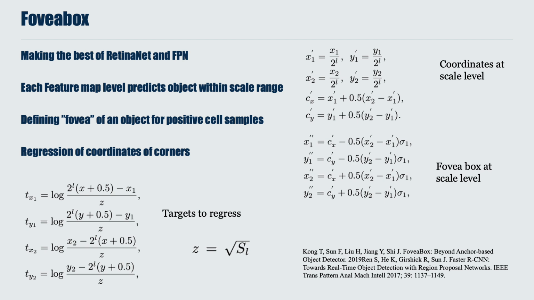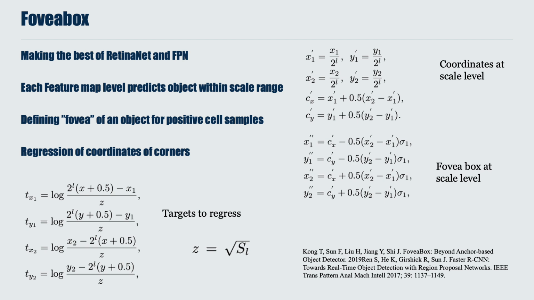And so they define at each level, and only for the objects within that feature map scale level, the different targets of their points. Here they were considering opposite corner points for the boxes that you then define at the scale level. It's what is on the top right.